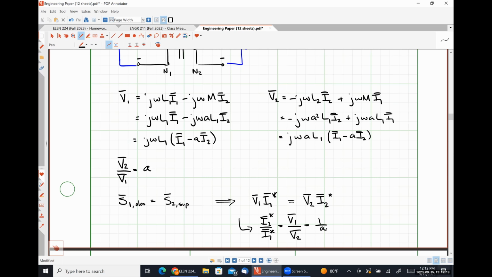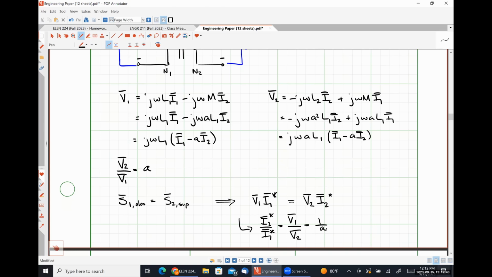Turns out these conjugate signs don't even matter because there's nothing in this system that's causing a phase shift.